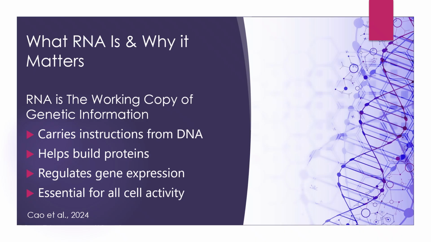Cells also use regulatory RNAs to control gene expression by turning genes on and off as needed. Overall, cells rely on RNA because it allows them to respond quickly to change. RNA connects the long-term genetic information stored in DNA to the day-to-day processes that keep the cell alive.